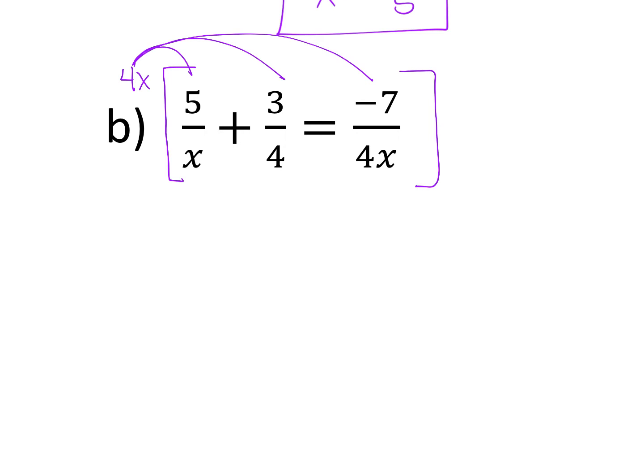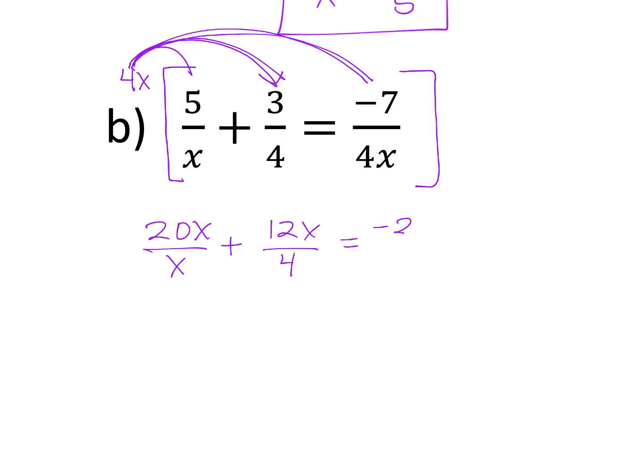So on top, you get 20x over x. Remember, you're just multiplying your numerator. We're not doing 4x over 4x. 4x times 3 is 12x over 4. And then 4x times negative 7, negative 28x over 4x.